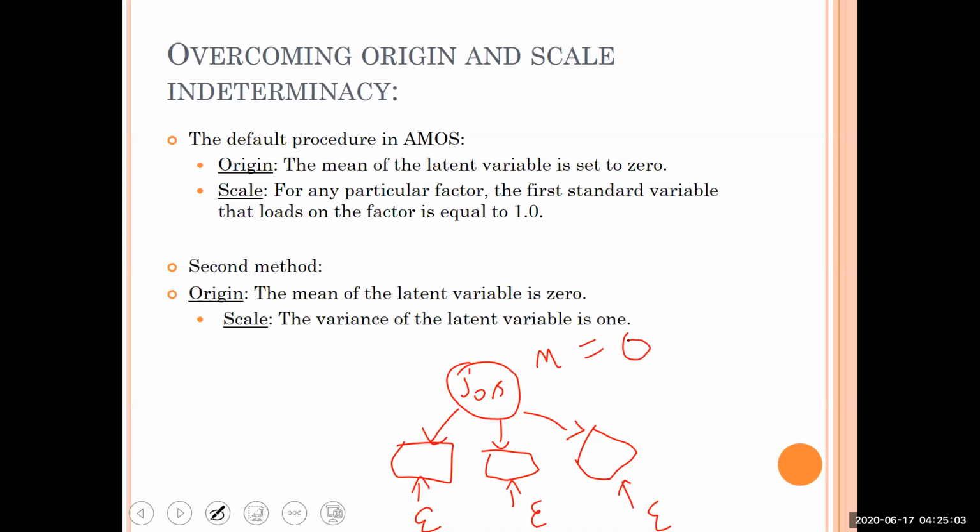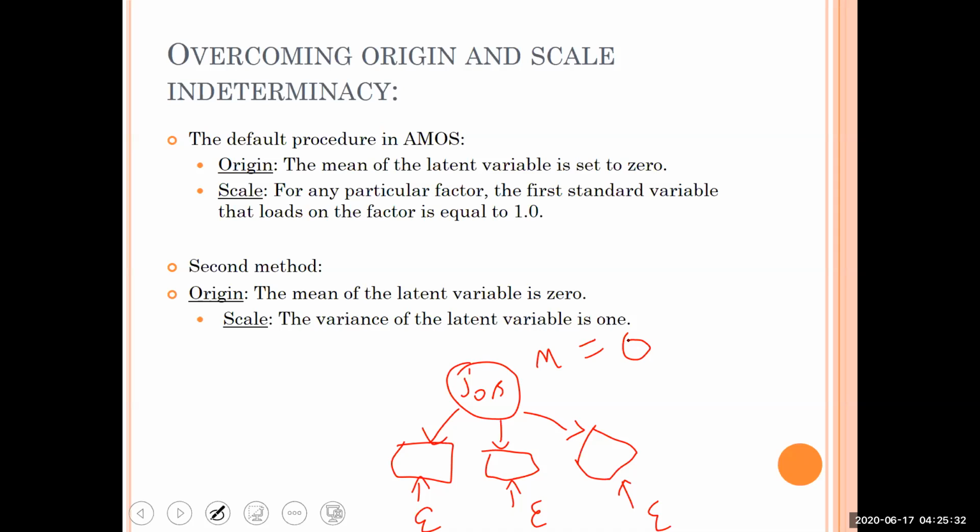That means that if someone is found to have 0 job satisfaction, that can be interpreted that job satisfaction of that person is equal to the mean. And then also, the implication is that half of your sample will have negative job satisfaction and half of your sample will have positive job satisfaction. Having a negative job satisfaction just means that someone is below the mean.